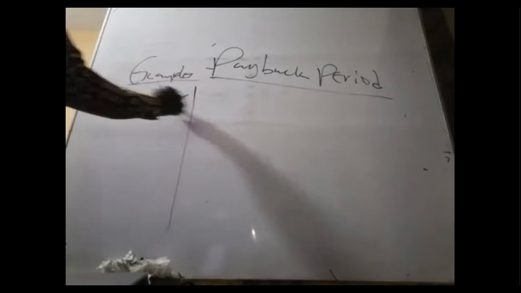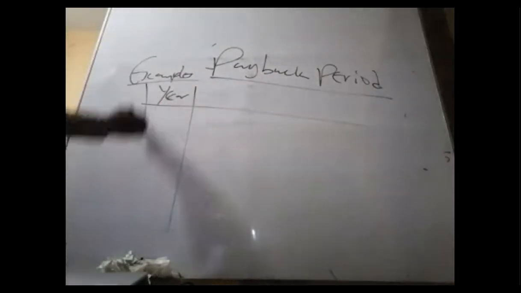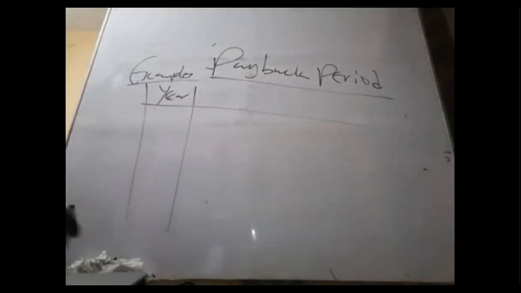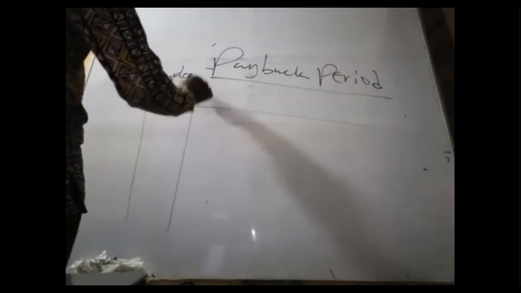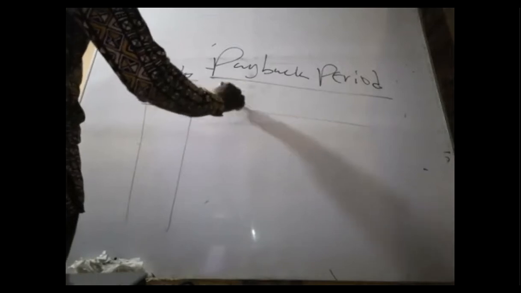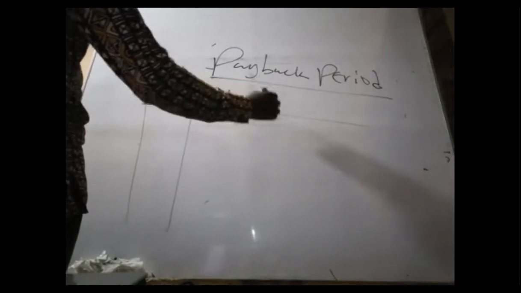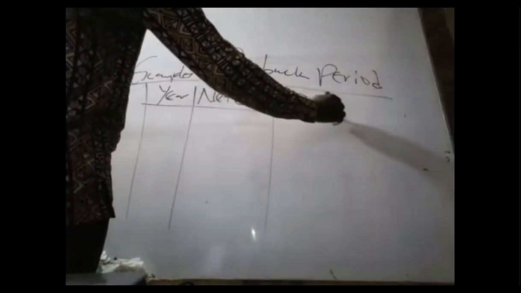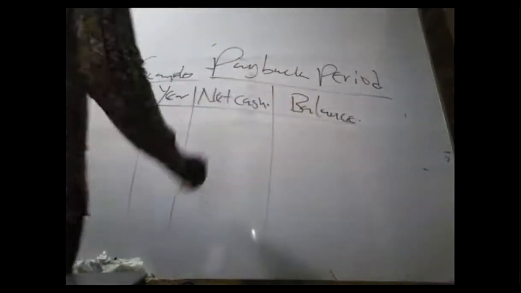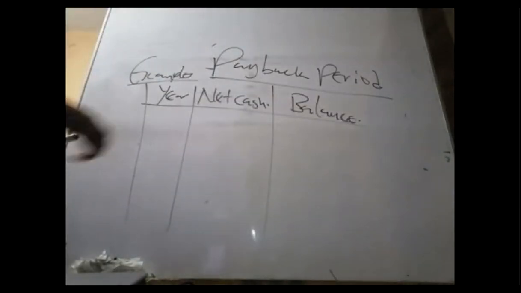Please, payback uses cash flow. It does not use accounting profits. Bring the net cash flow here, then bring your balance. That is all. So payback uses cash flow.